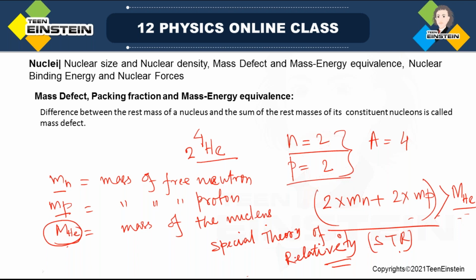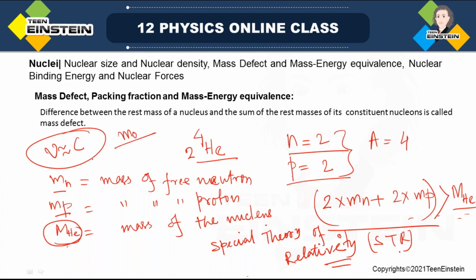This says that any object which is in motion, obviously not just a few kilometers per second, but at nearly the speed of light, if v is nearly equal to c, the speed of light in vacuum, then the mass of that object in motion will no longer be the rest mass.